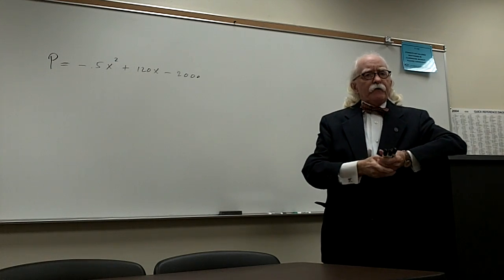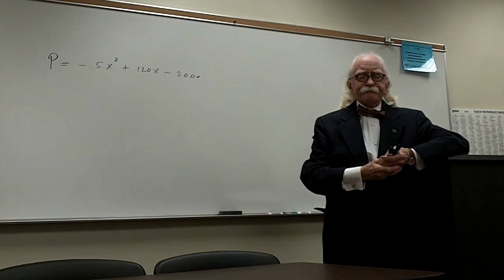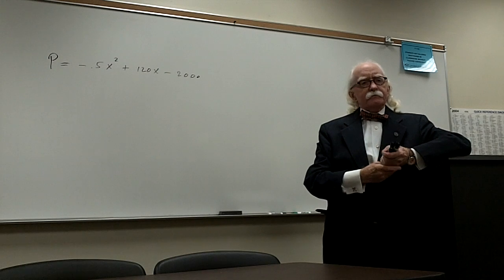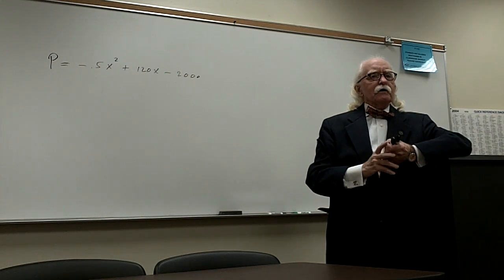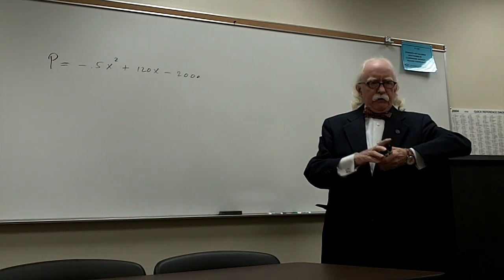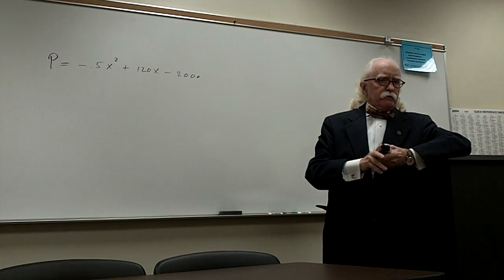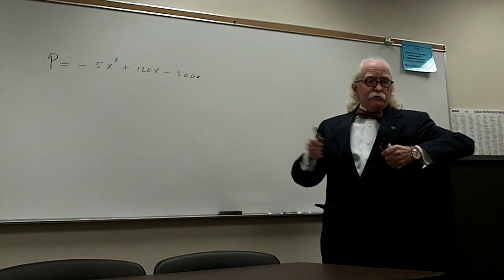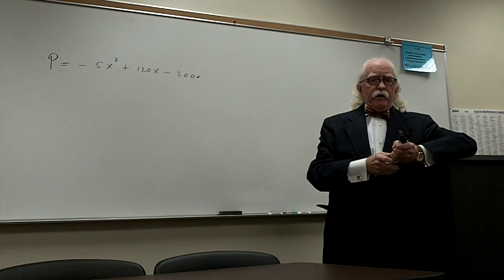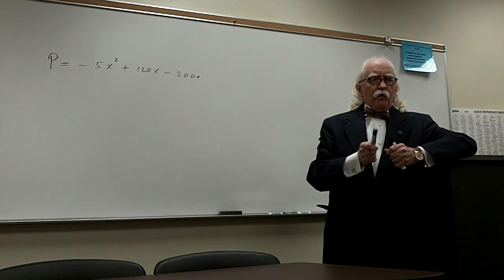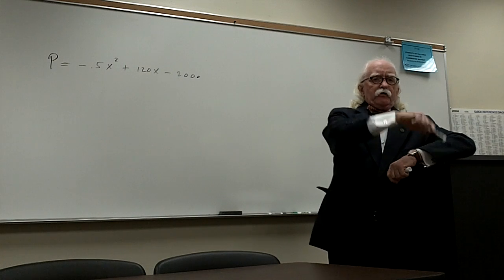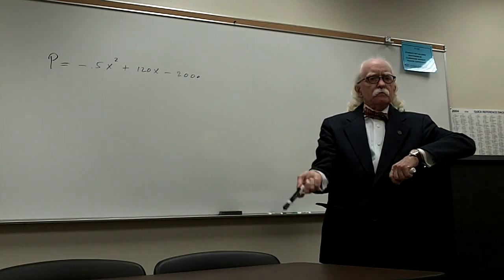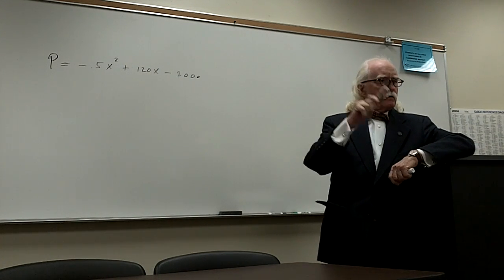How would you know that could possibly be a profit function? First of all, you see the negative in front of the squared term? That automatically tells you that that function opens downward.